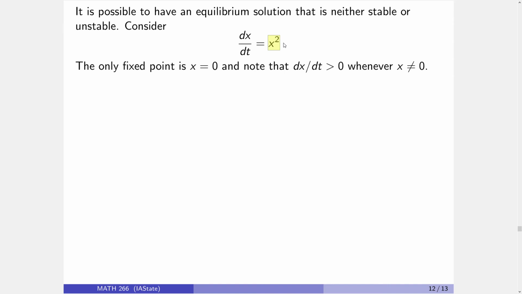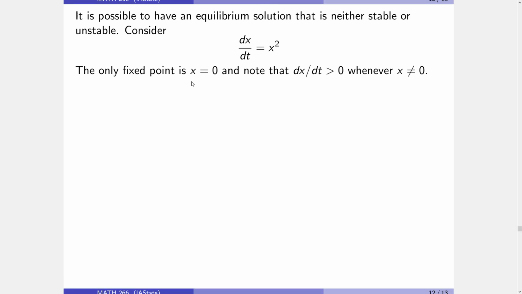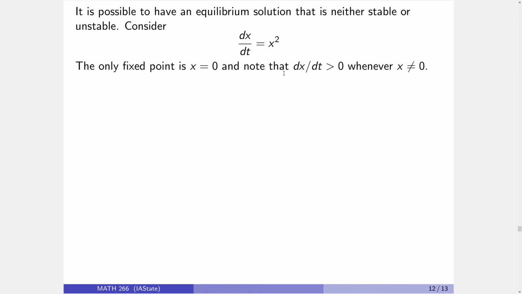So this DE, which is super easy to solve, is separable, with no partial fractions. The only fixed point for this is 0, and note that the derivative is always positive whenever we're not there. So if we are below it, we'll increase up towards it, but if we're above it, we'll increase away from it.